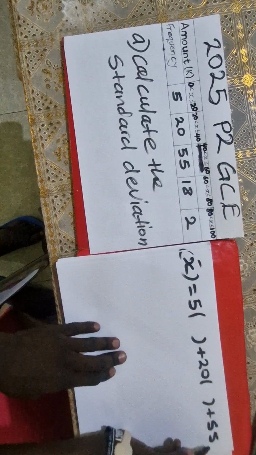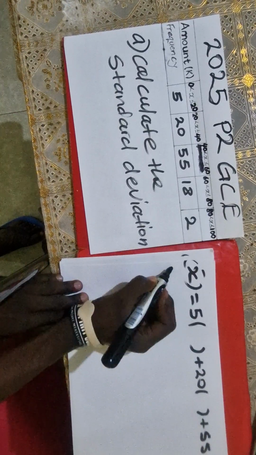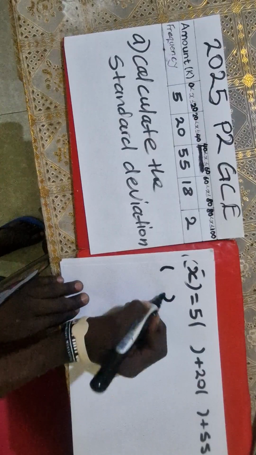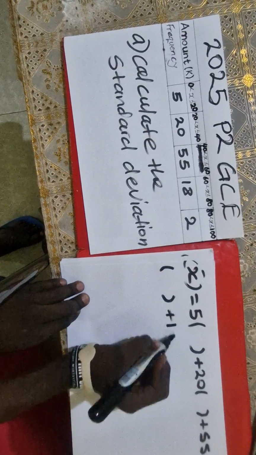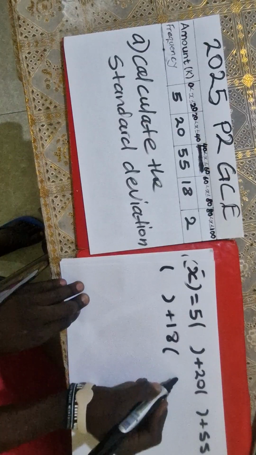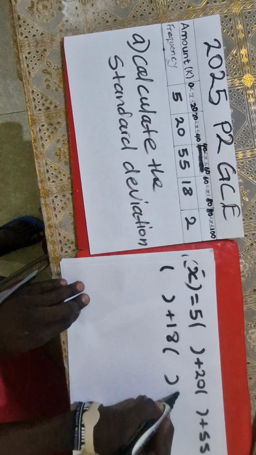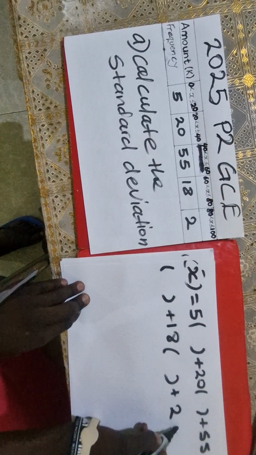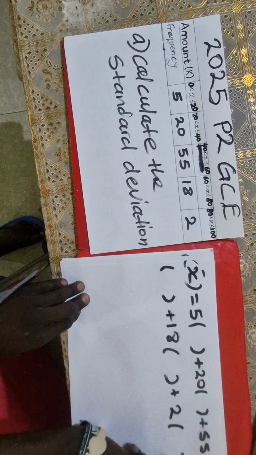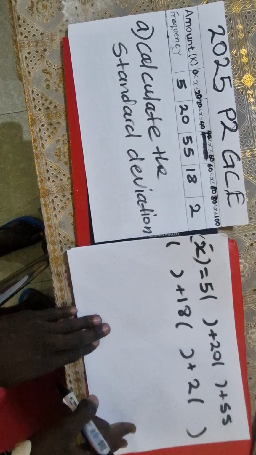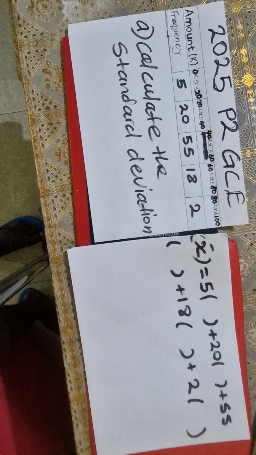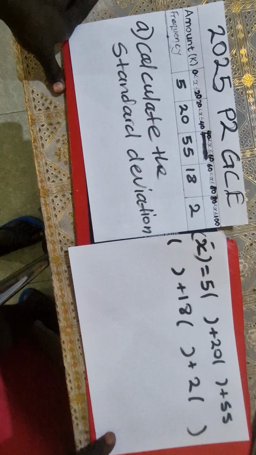Because of space, I'll write it here, open bracket. Then plus 18, open bracket, plus 2, open bracket. So this is how we should write this in the exam room.